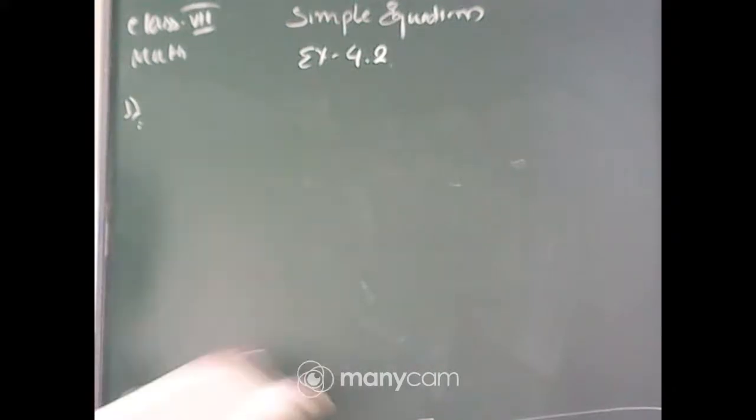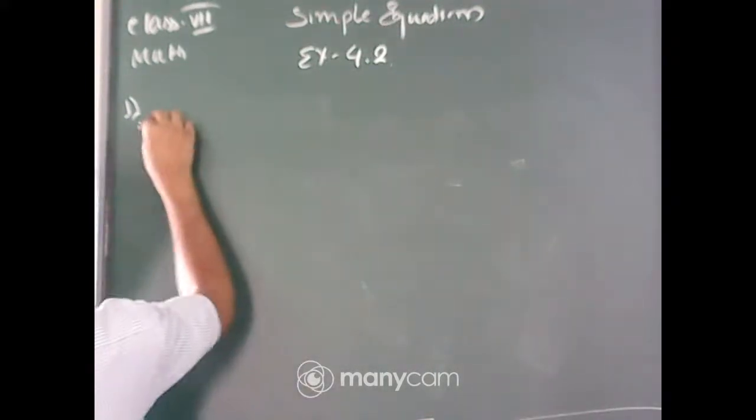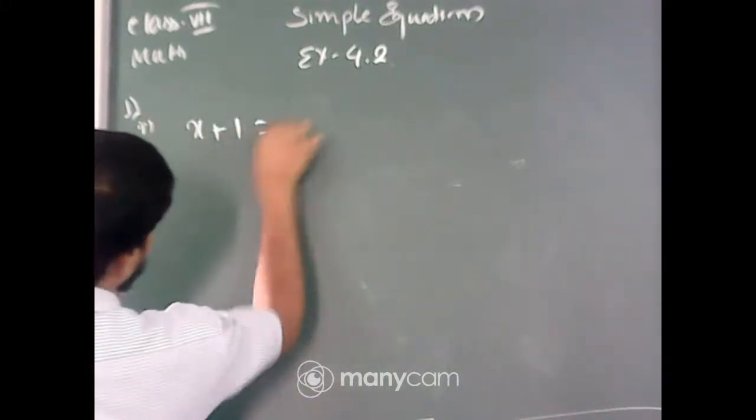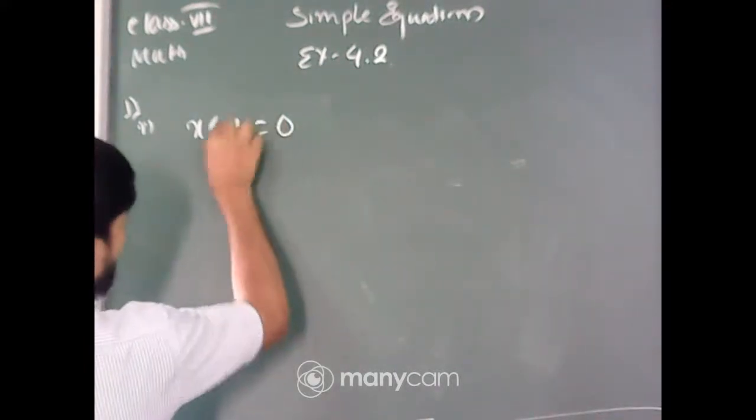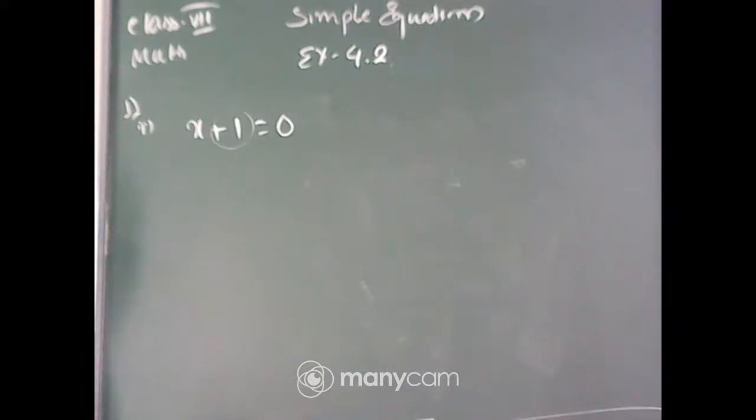x plus 1 is equal to 0. So what will be the first step to find out the value of x? Look, we have to remove this term. So we know plus 1 will be removed by minus 1.